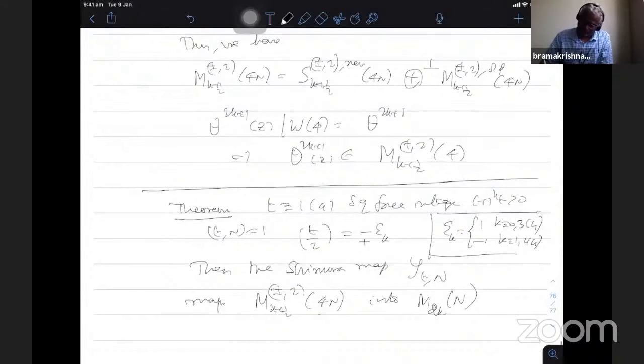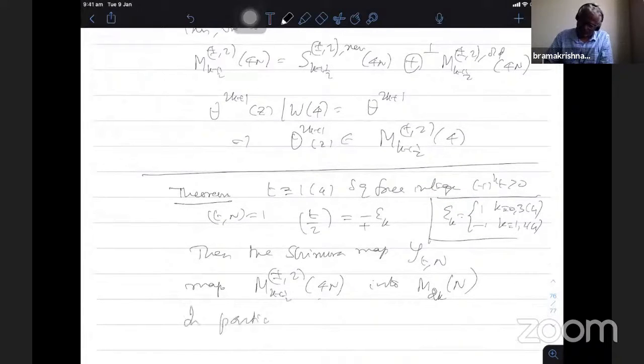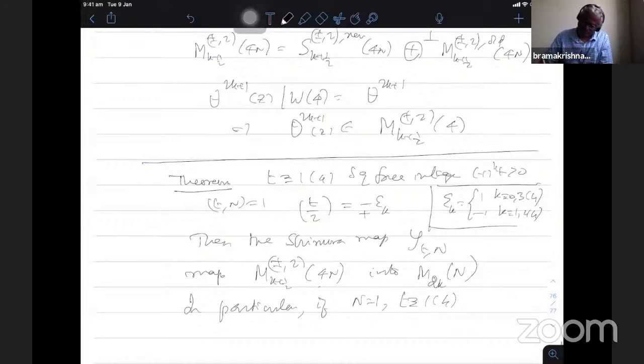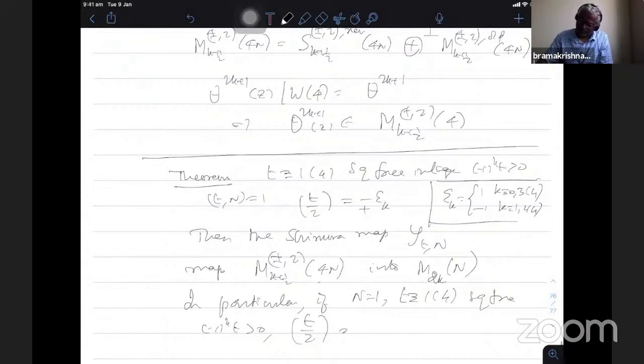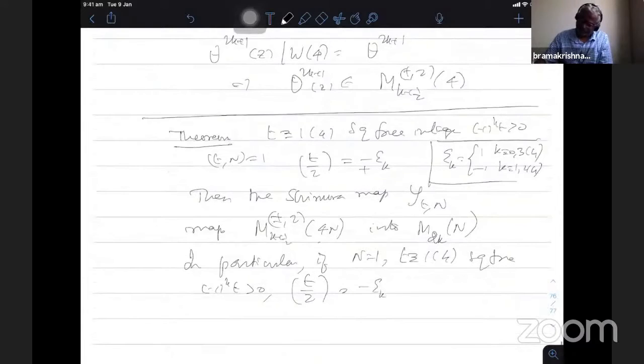In particular, if N equal to 1, t congruent to 1 mod 4, square free with (-1)^k t positive, (t/2). Since theta^{2k+1} is in the plus space, I have to take minus ε_k, then we take theta^{2k+1} under S_t, and S_t^1(z) belongs to M_{2k}, where N is 1.